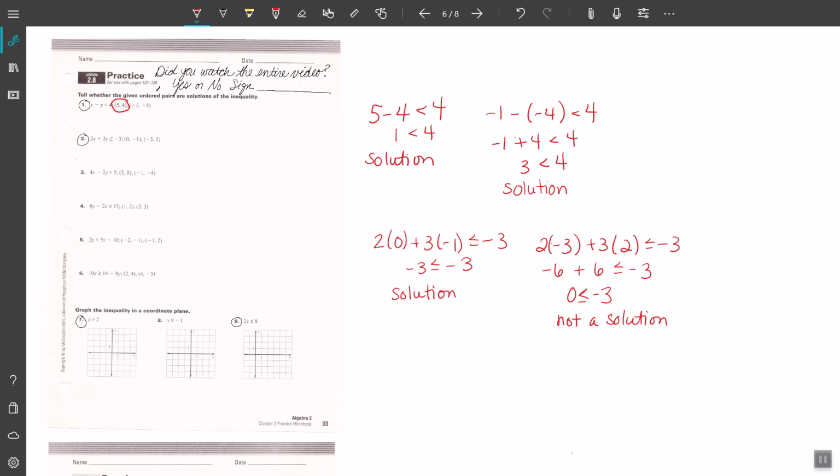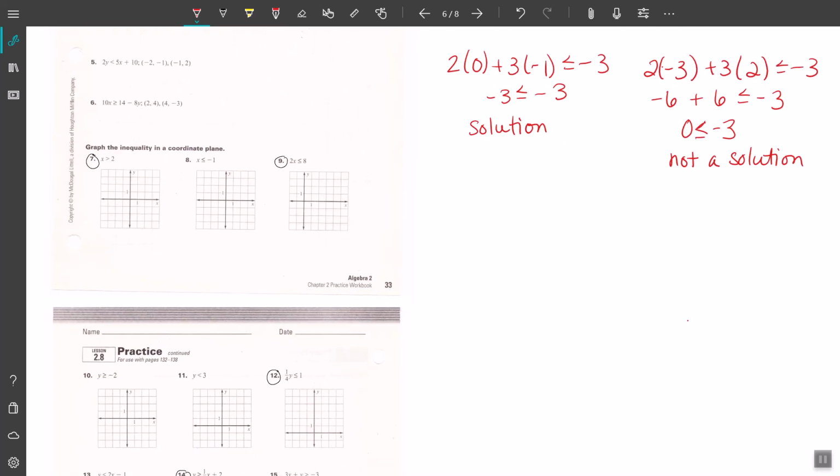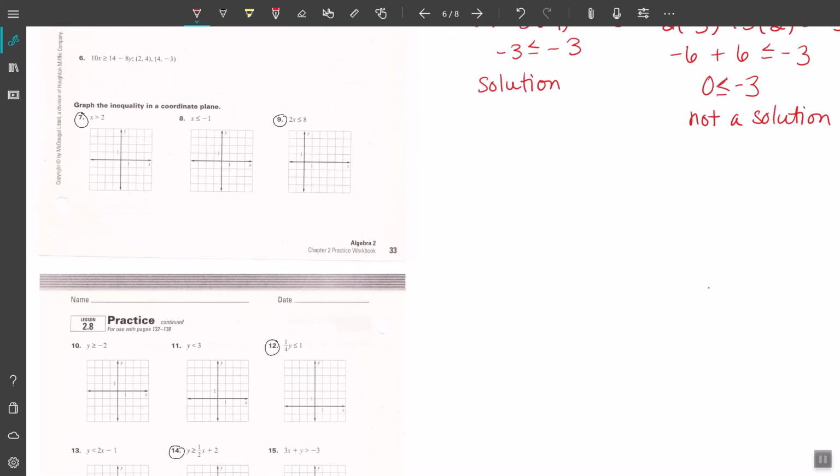All right, moving down to number 7, they want us to graph that inequality. So x is greater than 2. You need to think about it first as what would you do if it were x is equal to 2? If it were an equation and x was equal to 2, you would go to x of 2 right here, and you would draw your vertical line down through that point, because no matter what the y is, x is 2.